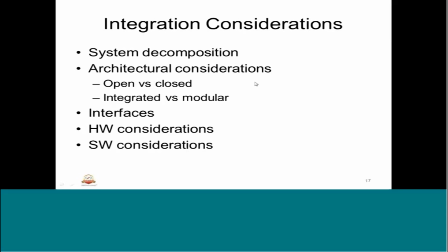That means the architectural elements can be open or closed in terms of the downward layers, and integrated or modular. That means the modularity is required, or the integrated parts as a whole is required. All these considerations we need to take care of for doing the integration testing. And the interfaces, how the system is going to interface externally, internally, or with the subsystems or partitions of applications, etc.